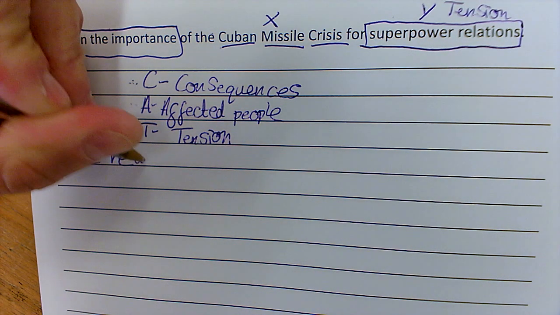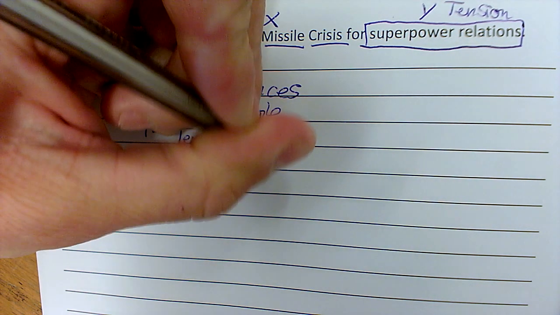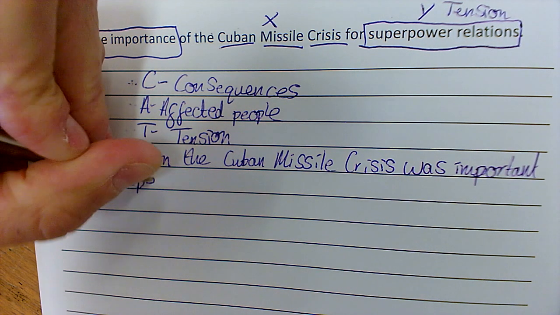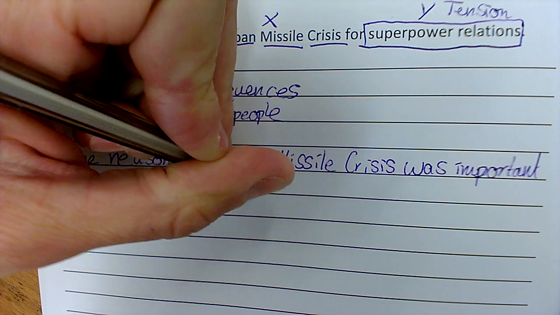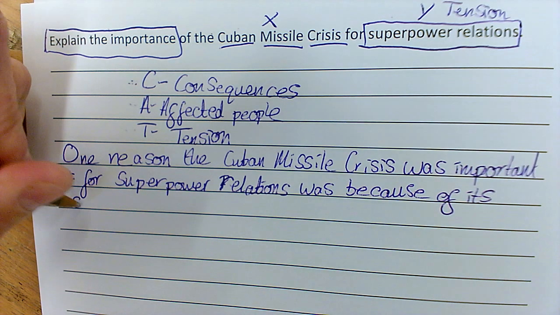One reason the Cuban Missile Crisis was important for superpower relations was because of its consequences.